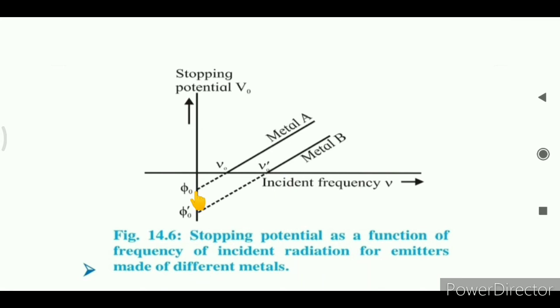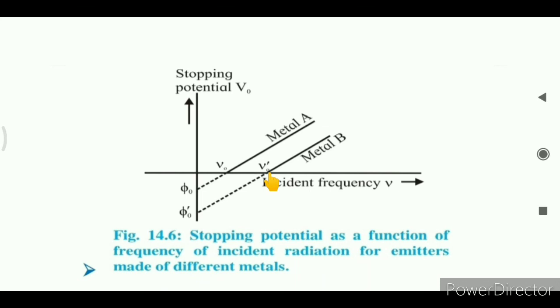When the material is changed, metal B is taken. Here on the x-axis the value nu 0 dash is given, which is the threshold frequency of the other material. As I told you, the value of the threshold frequency for different materials will be different. Below this nu 0 dash no photoelectrons are emitted.